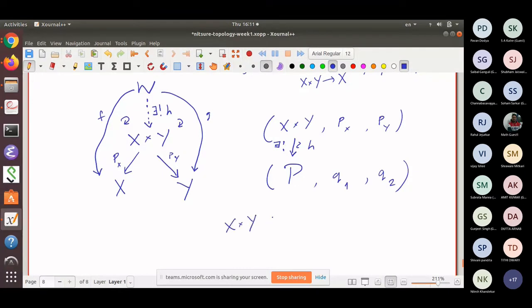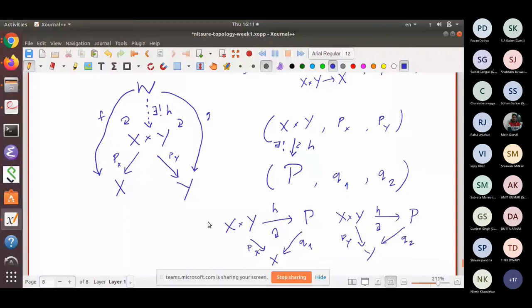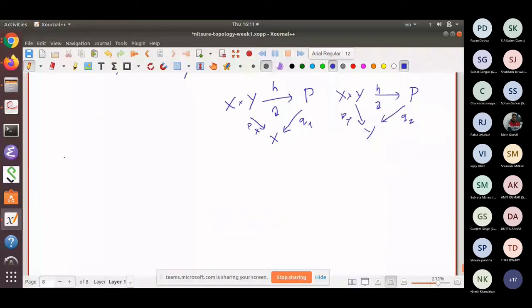Here is H, and here is the projection to X, here is the projection to X. This has to commute: Px, Q1. And similarly the other one, Py, Q2, and Y. All these commute. So this brings me suddenly to the realization that I never defined for you what's an isomorphism.